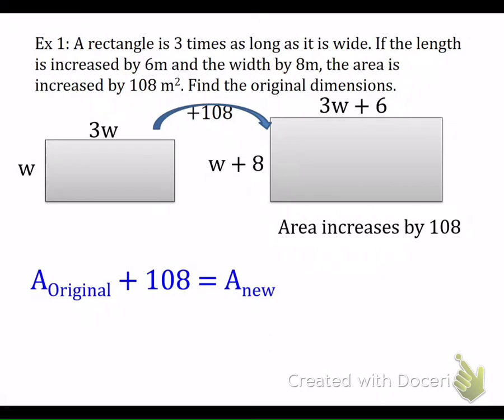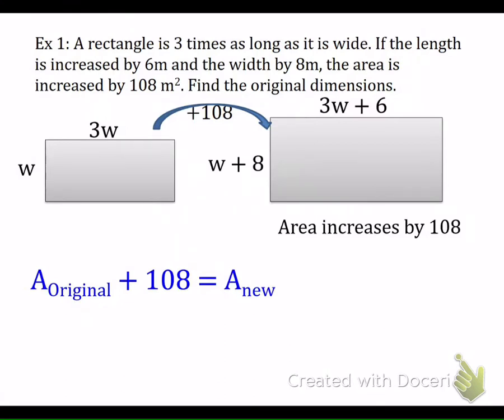Well, we just talked about how to find that original area. What would we do? How would we find the original area? Don't worry about the 108. Don't worry about the bigger rectangle.